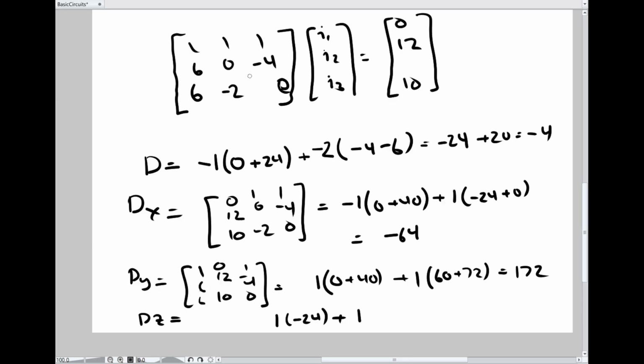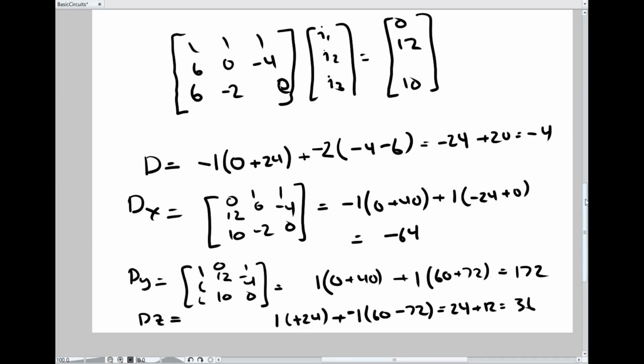So 1 times 0 minus 24, so this should be a plus. Okay, 1 times minus, and this is a minus 1, times 0, this is 60 minus 72, which is equal to 24 plus 12, which is equal to 36.